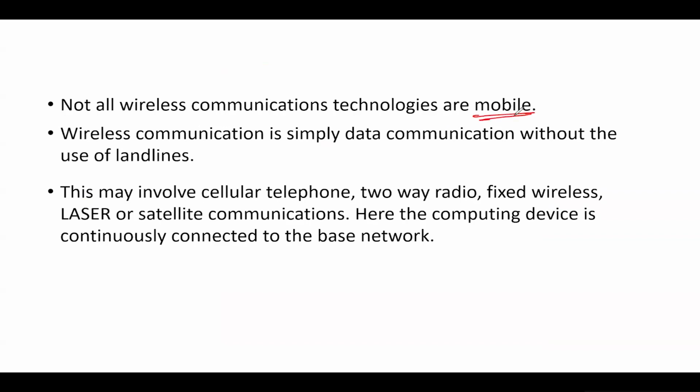Wireless communication is simply data communication without the use of a landline. Without the use of wire, we can say that it is wireless communication. It is not necessary that it has to be mobile. It can be a mobile and can be other devices also, just like your Bluetooth device, or your laptop connected to the internet. It can be so many things.